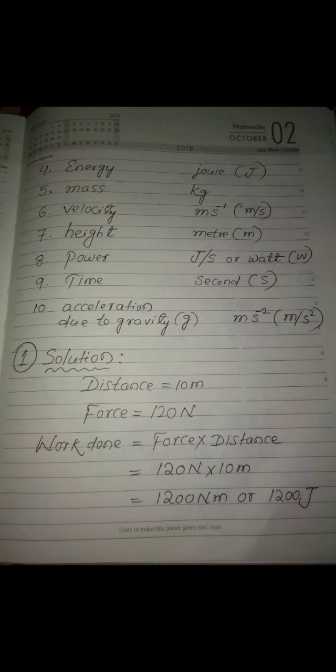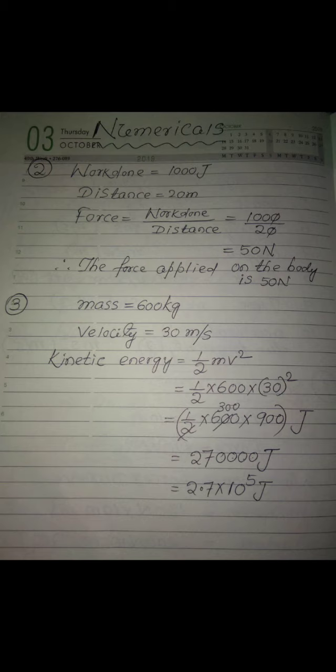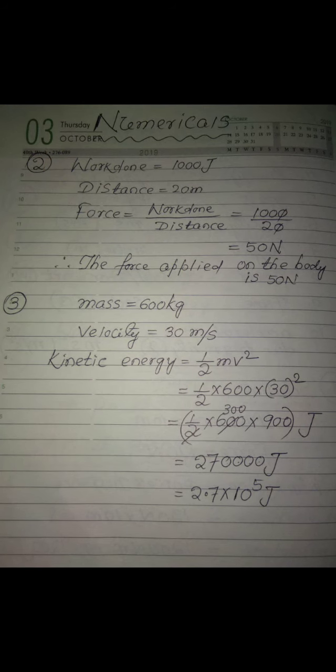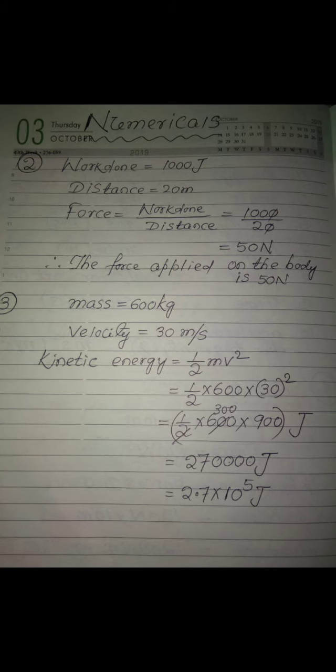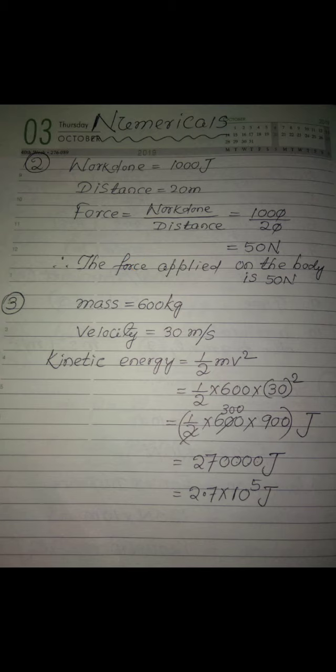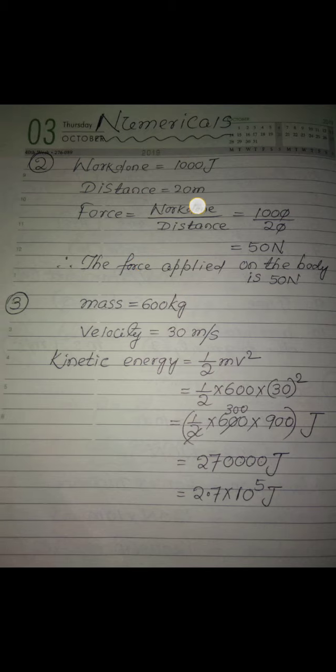Now I shall tell you number 2. The question: if 1000 joule of work is done by a machine to move a body through a distance of 20 meter, then find the force applied on the body. Here work done equals 1000 joule, distance equals 20 meter.